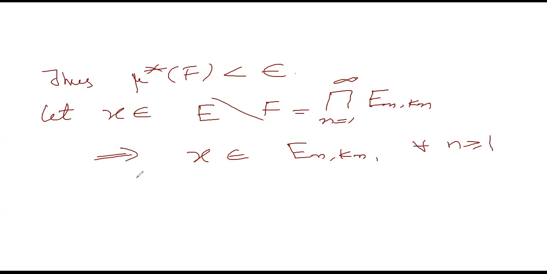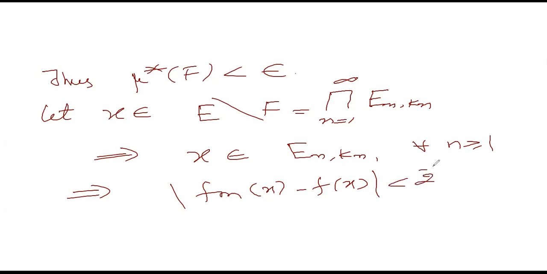But whenever x is in E_n Kn, this by definition means |fm(x) - f(x)| is less than 2^(-n) for all m greater or equal to k.